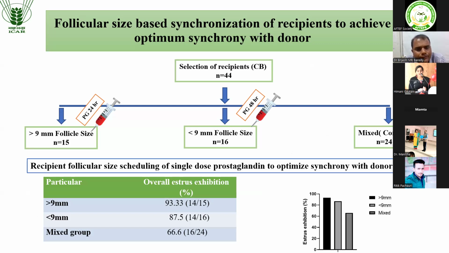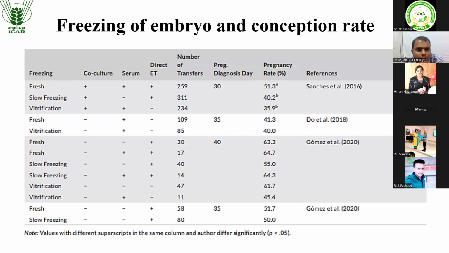In case of the MOET program it is 24 hours before, and 72 hours before in case of the IVF program. If the size is less, you have to take more time. Sometimes you require to give it 96 hours before the IVF, or 48 hours in case of in vivo embryo production. So accordingly, you have to adjust. These are the freezing protocols.